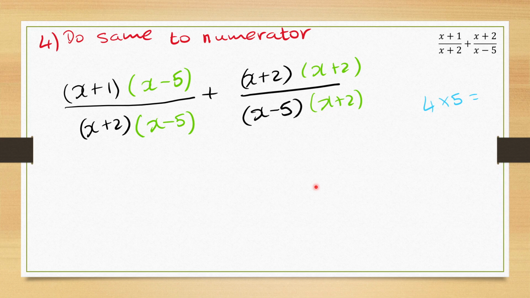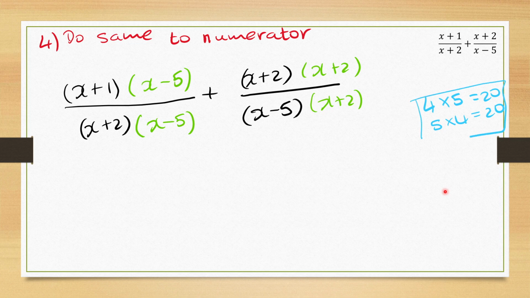Note here that I actually use both of these the other way around. So x plus 2 multiplied by x minus 5, and over here x minus 5 multiplied by x plus 2. Well, this is the same as saying 4 multiplied by 5. So these are the same thing. 4 multiplied by 5 gives you 20, but 5 multiplied by 4 still gives you 20.